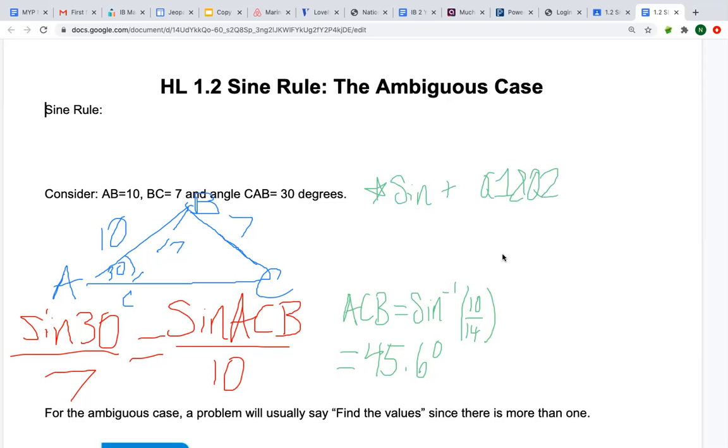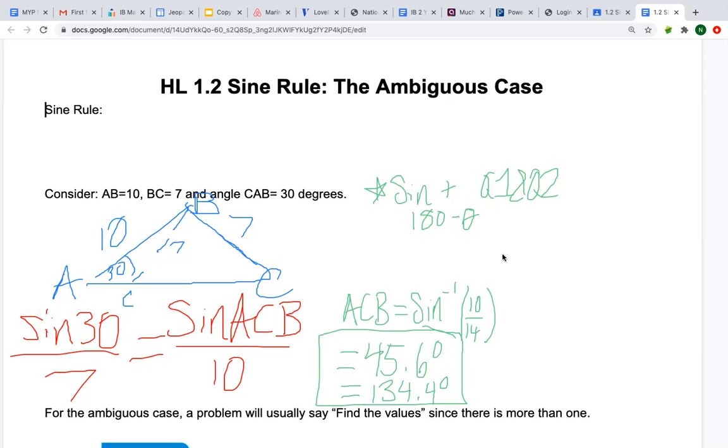So you find the angle, but you also have to do 180 minus the angle as well. So not only could this angle be 45.6, it could also be equal to 180 minus 45.6, which is 134.4 degrees. So these are two potential answers that we might have that work for this triangle.